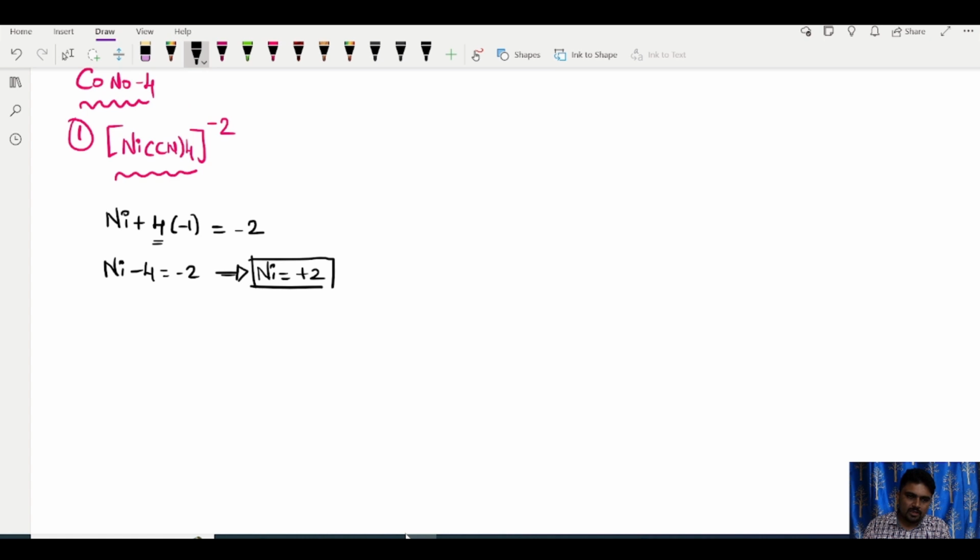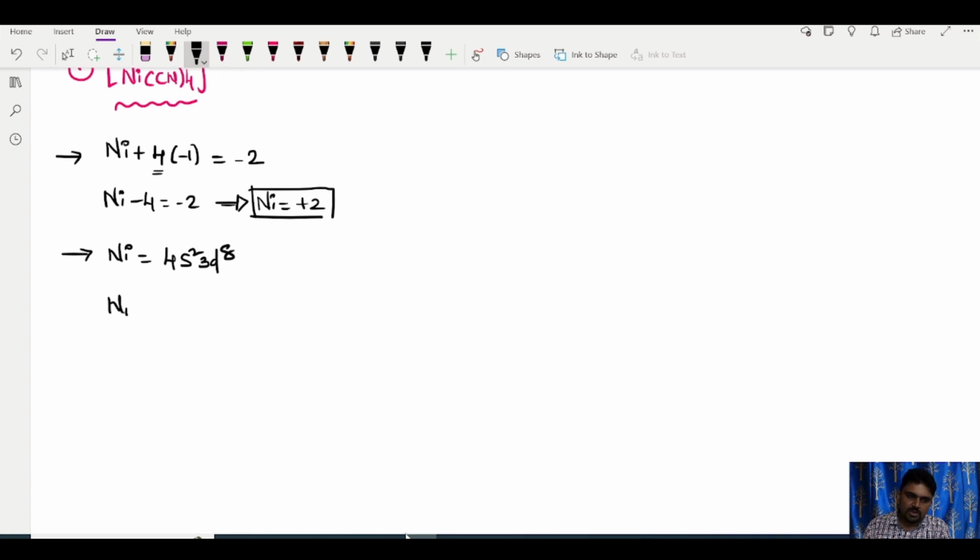Next, you have to write the electronic configuration of nickel. The neutral nickel atom has 4s2 3d8 electronic configuration. So for nickel in +2 oxidation state, you will get 4s0 and 3d8 electronic configuration. This electronic configuration you have to write into orbitals.